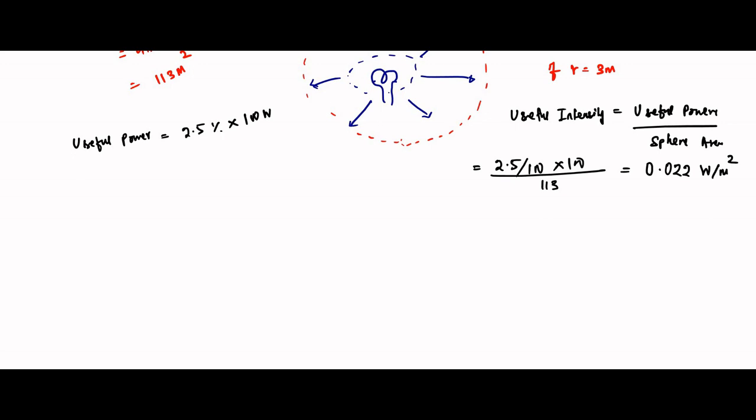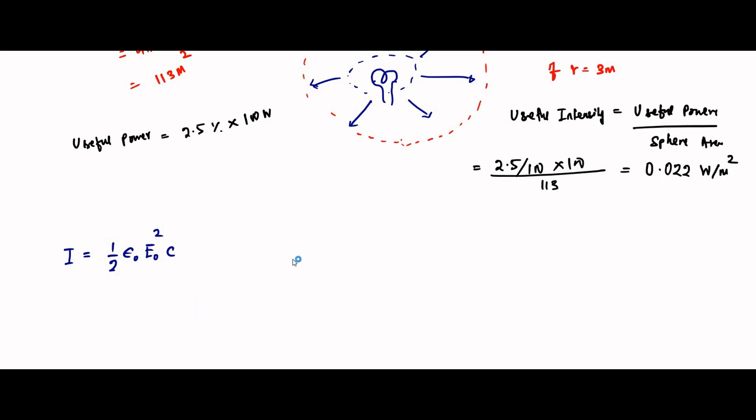Now we know that for an electromagnetic wave, there are two expressions of intensity. The intensity can be expressed in two ways. First, in terms of the electric component or the electric field. So that is equal to 1 by 2 epsilon 0 E0 square into C, speed or velocity of the electromagnetic wave.